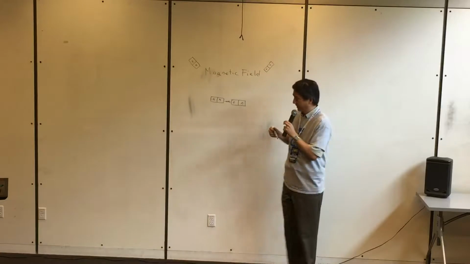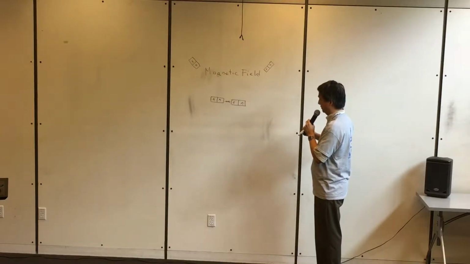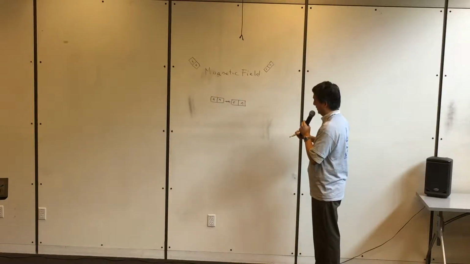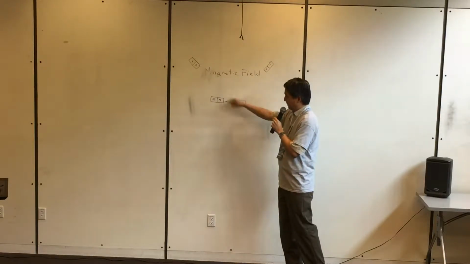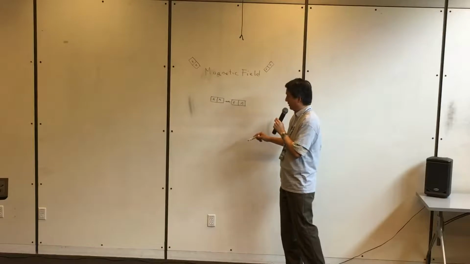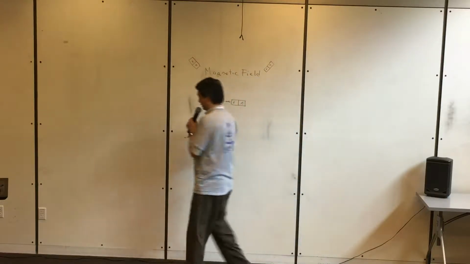So we had come up with our list of things that any model should probably do, and probably the biggest thing would be to explain maybe how permanent magnets work, but we also know that we can create magnetic fields by just using electricity.